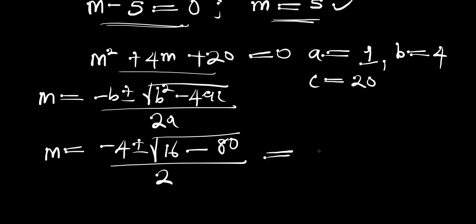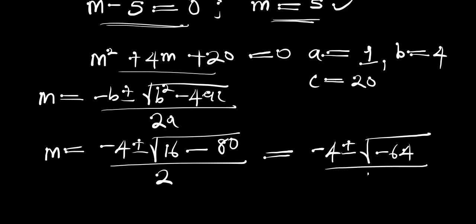And this equals negative 4 plus or minus square root of 16 minus 80, which is negative 64, then divided by 2. So let's proceed.